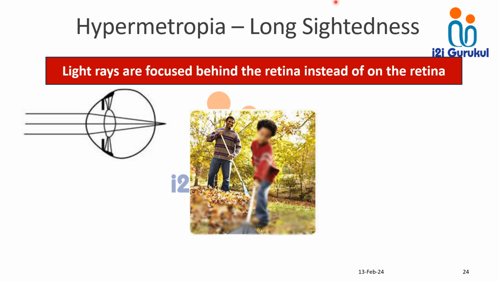The patient will be able to see far objects clearly, and near objects are blurred. Here you can see in this image the nearer object, closer to your eye, the child who is working here, is blurred, but the distance is clear.